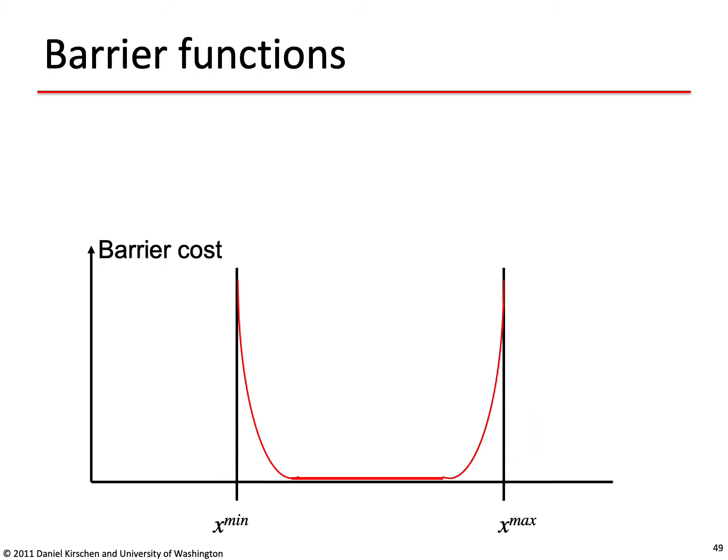Instead of using penalty functions that are essentially outside of the constraint, we can use barrier functions that are essentially inside the constraint and go up to infinity as the value of the variable reaches xmin or xmax. Now the advantage of barrier functions is that they will keep the solution within the feasible interval.